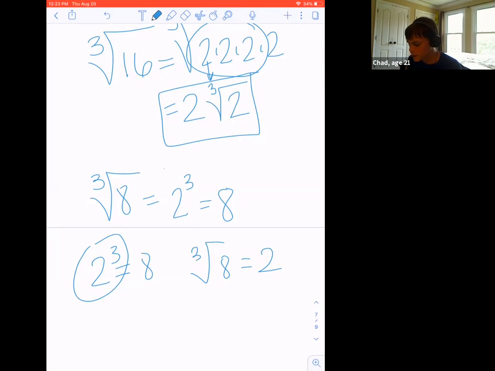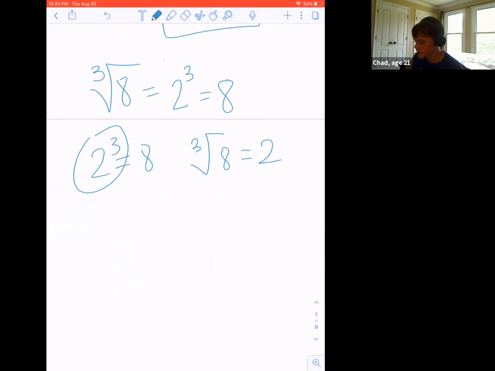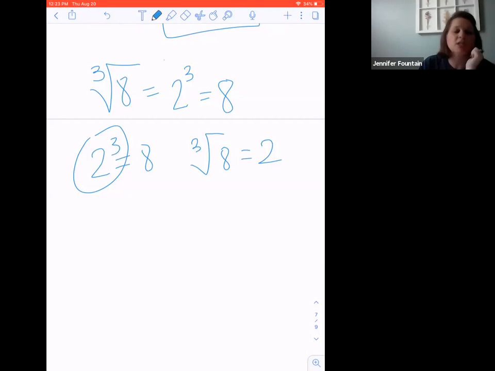And also problems like the square root of the cube root of 10. There's not a cubed square root of anything. Are you talking about this?